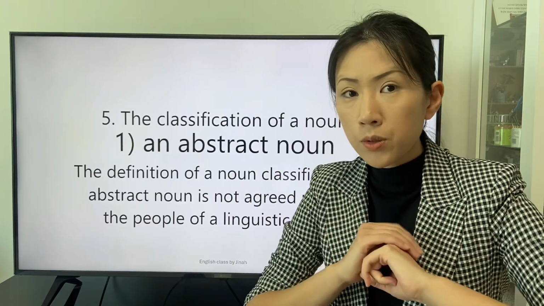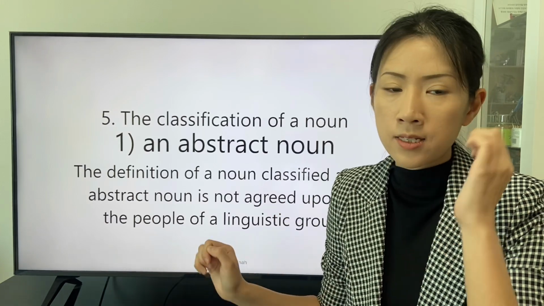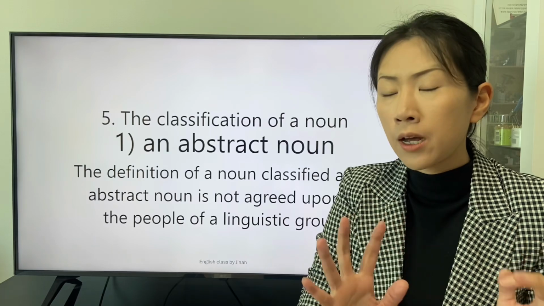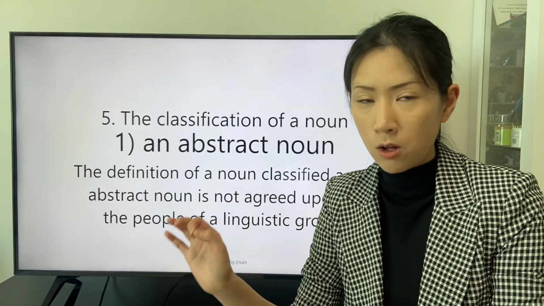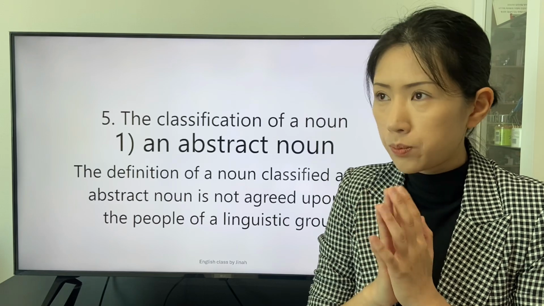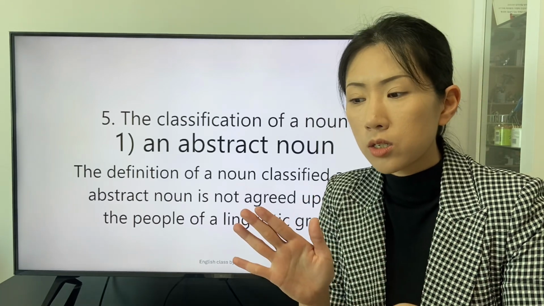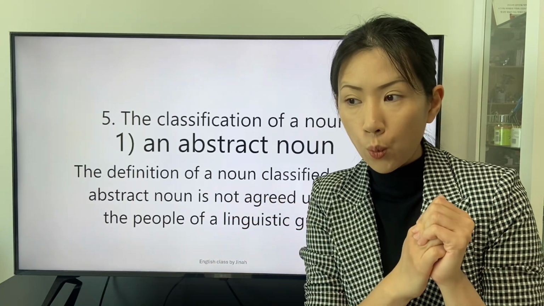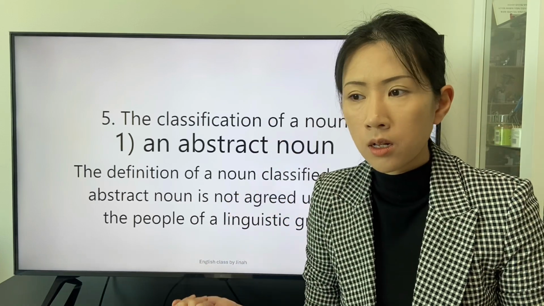The first criterion of a noun is an abstract noun. An abstract noun indicates a metaphysical object, which means that the object cannot be perceived with the senses.